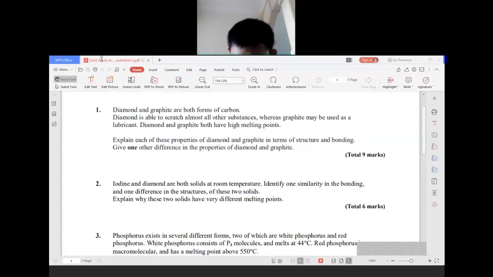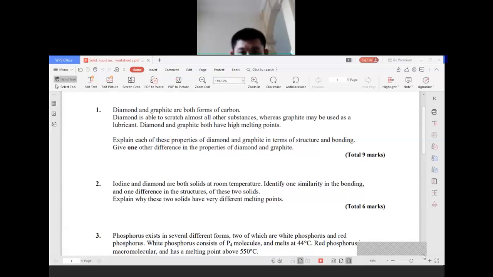It has weak van der Waals forces. Is it instantaneous dipole or permanent dipole forces? Instantaneous, correct. So if they have different melting points, we have to see from the intermolecular forces.